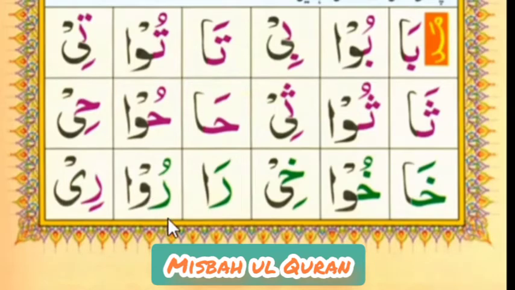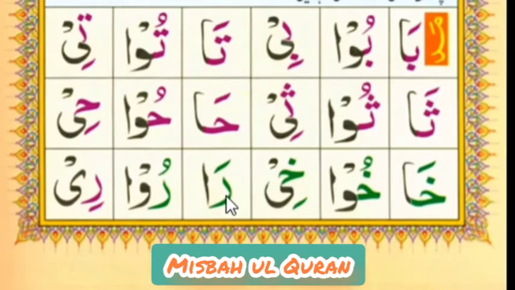Ra, ru, ri. Maybe you have a question in your mind why ra is in pink color here, as in the first two examples the ra is in green color.